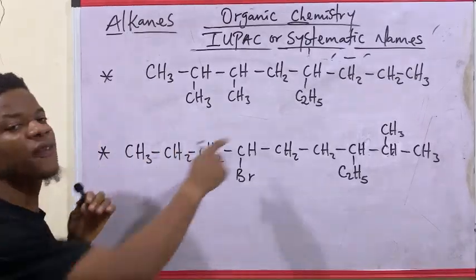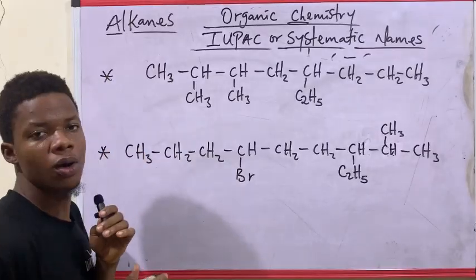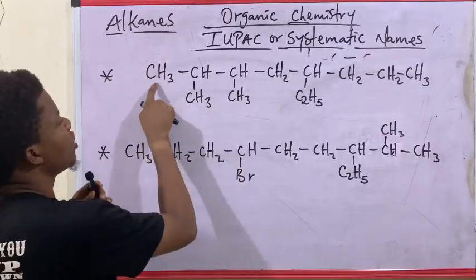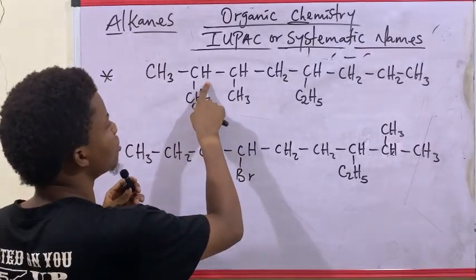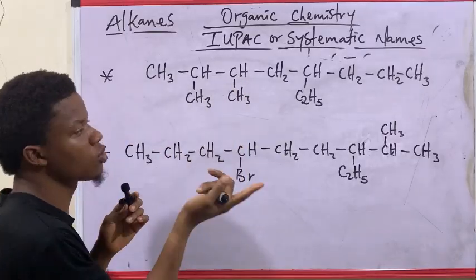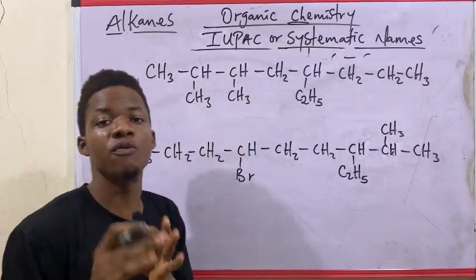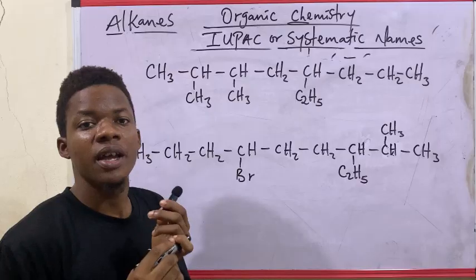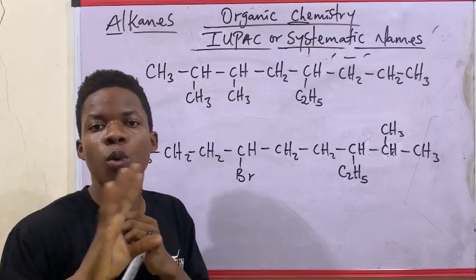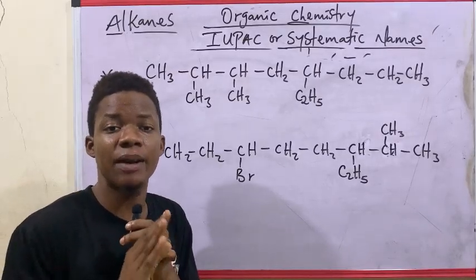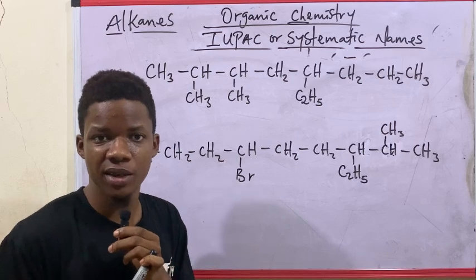So now identify the longest continuous carbon here. All right. So you have this CH3, CH, CH. So which one is long? Let's try to count. Now, before you even do any form of counting, please always learn to properly open the structure. This is where examiners love tricking students.